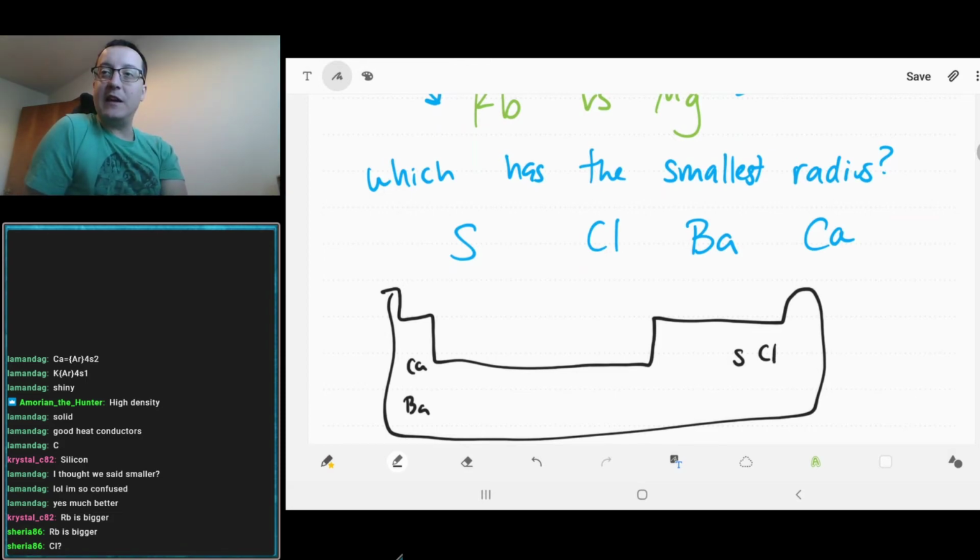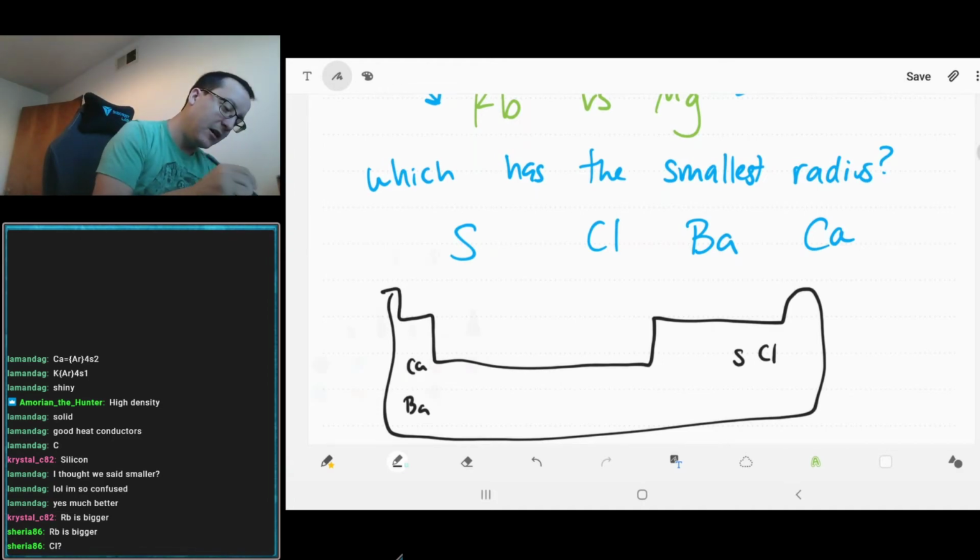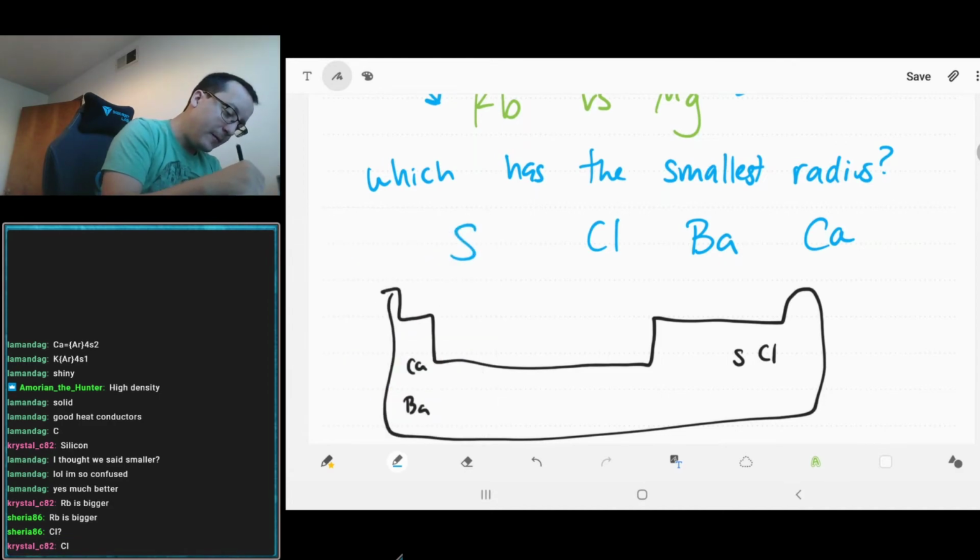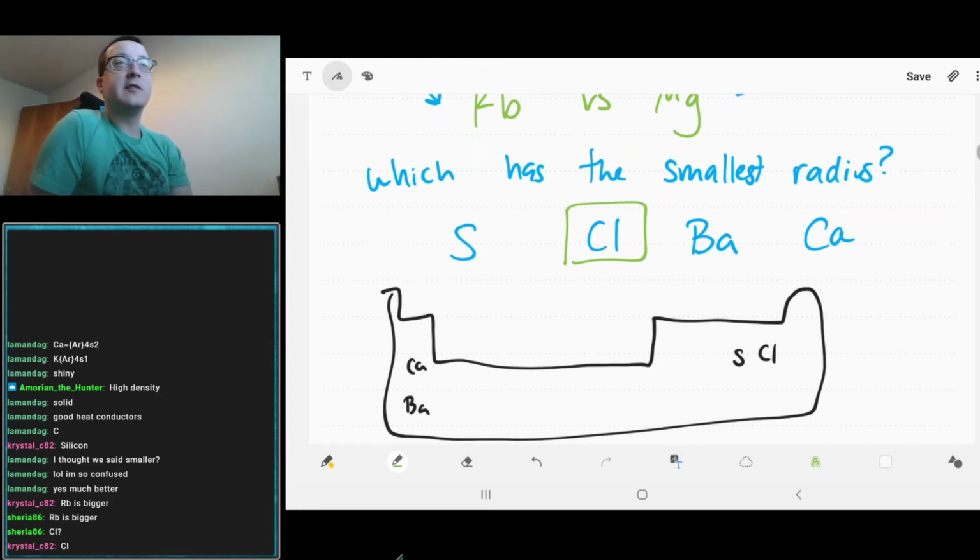Yeah, so indeed, of these four, we find them on the periodic table. We find the one that is closest to fluorine. Remember, fluorine, the smallest one. The closest to fluorine is going to be chlorine. We also see that that one is going to be the furthest to the right and the furthest up.